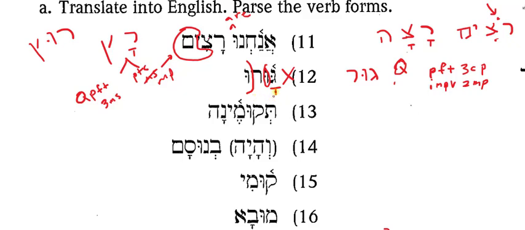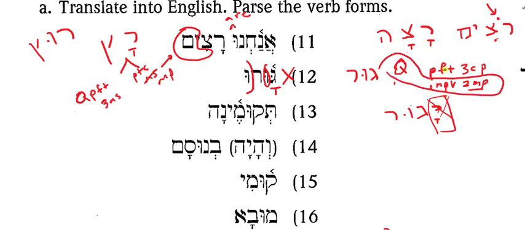Okay. It's the imperfect and the imperatives where the middle letter shows up as a mater. Yagur would be the imperfect. And if I want to get the imperative, I take the prefix and I chop it off. And I'm left with gur, which is what the form is. And now I'm adding the 2MP personal ending there. Okay? So this is the cal imperative 2MP. Garu would have been the cal perfect 3CP.